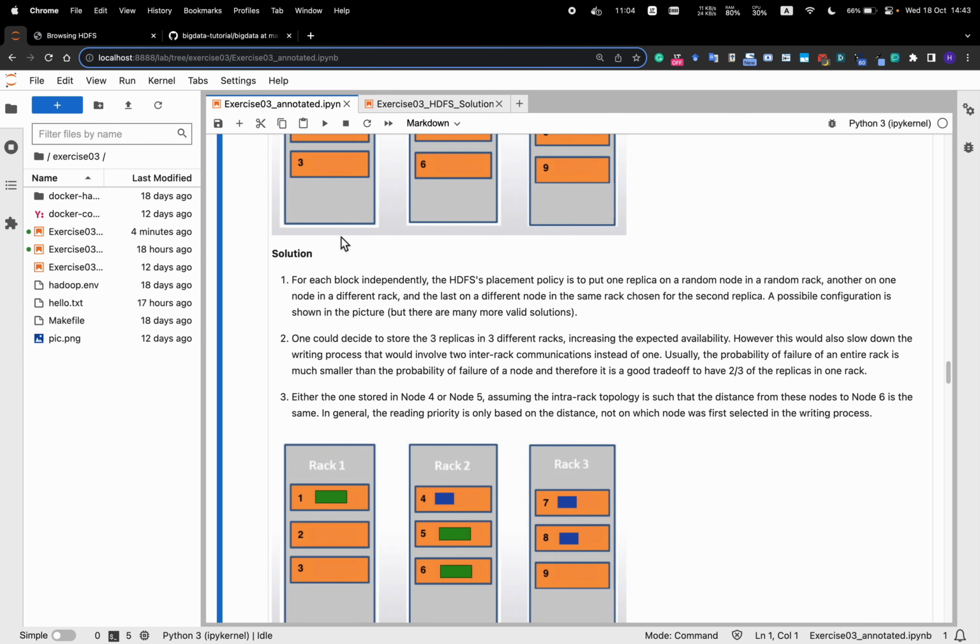I was wondering, if you are writing multiple blocks, will all the blocks be stored on the same machine? Like if the client data node is on the same machine, will all the blocks be stored on that node and replicated on others? That's a good one. I guess so.